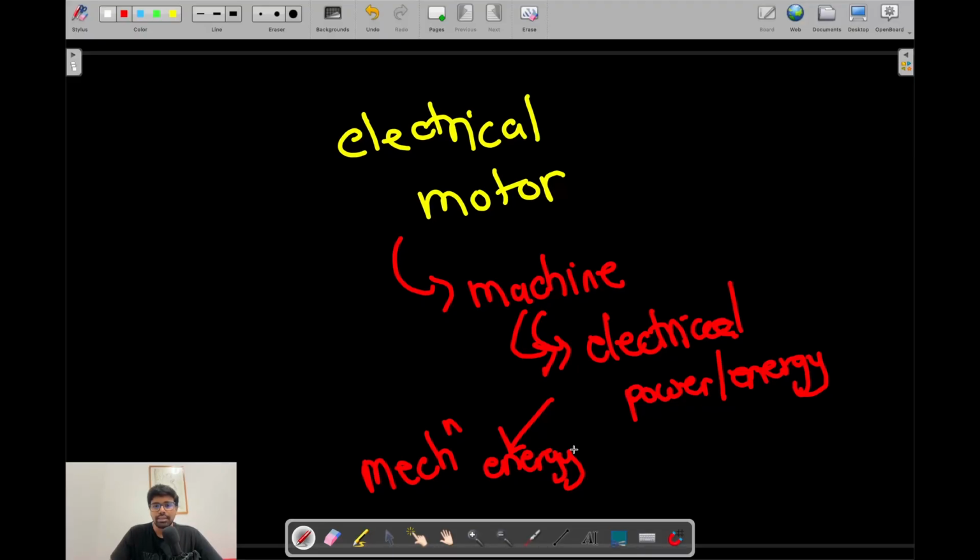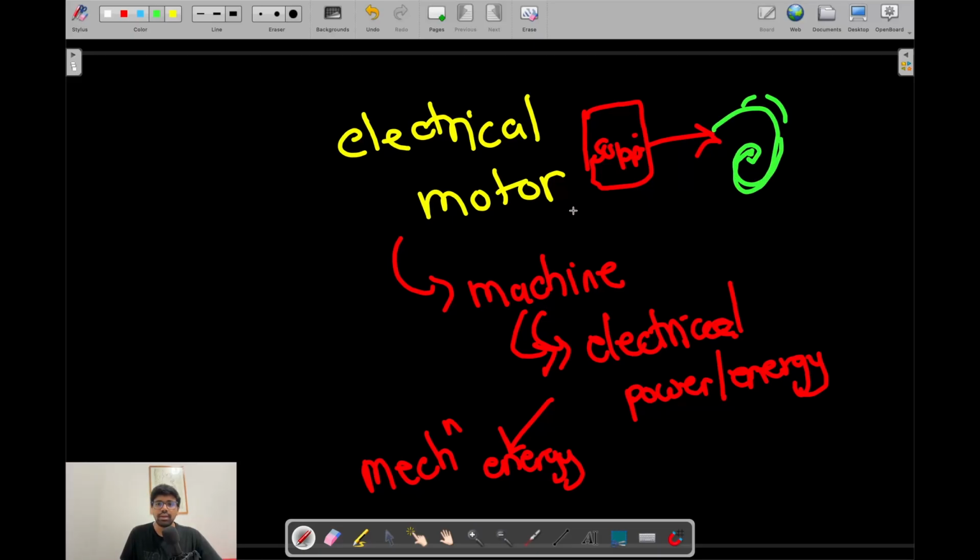Now you might be asking what mechanical energy. Say for example, you have electrical energy, which is your supply, and this electrical supply is being converted to mechanical energy, which in this particular case of electrical motors is the rotation.